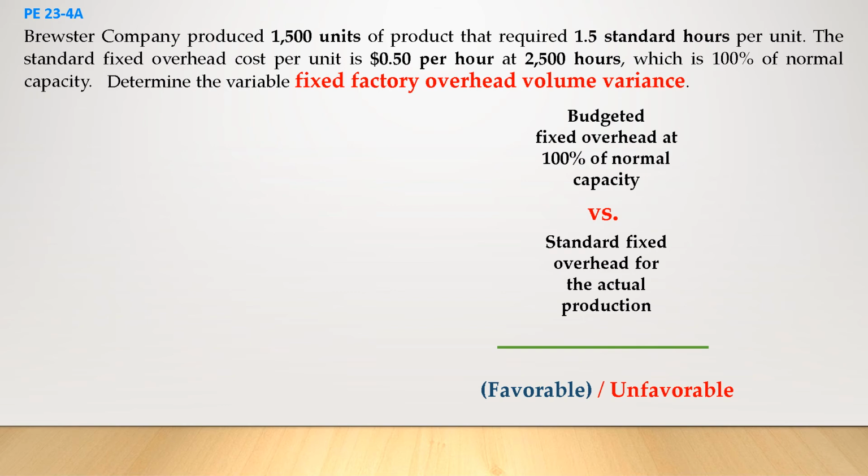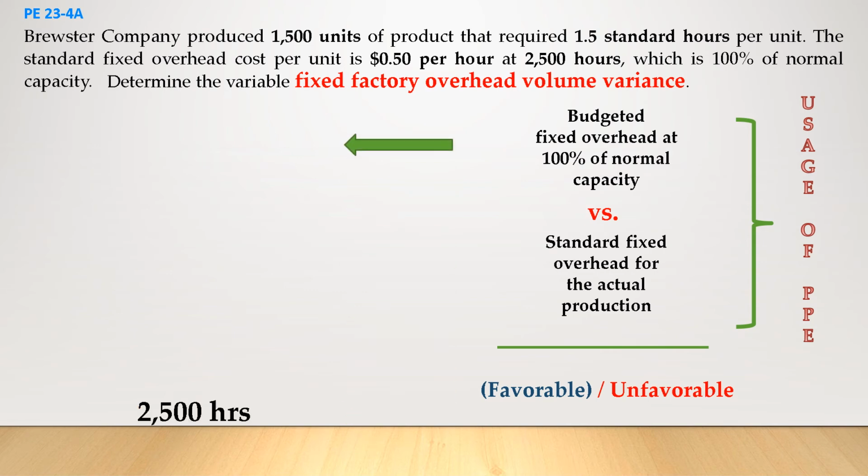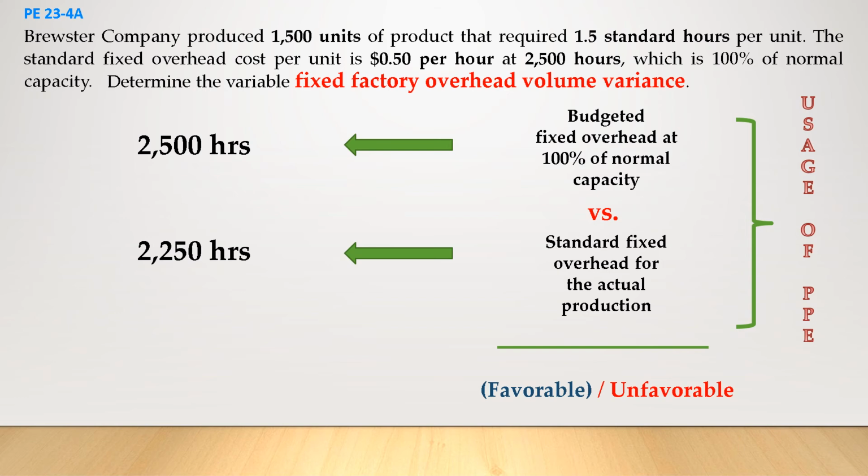Going back to our problem, what is the budgeted fixed overhead at 100% of normal capacity? It is 2,500 hours. How about the standard fixed overhead for the actual production? It is 2,250 hours. At this point, are we able to determine the variance?